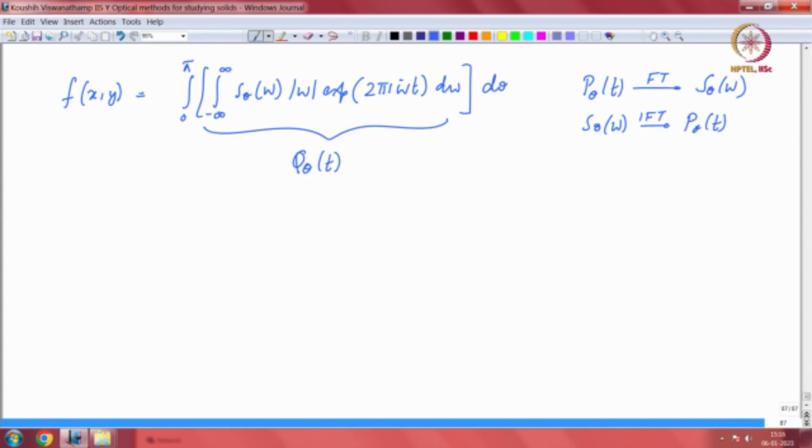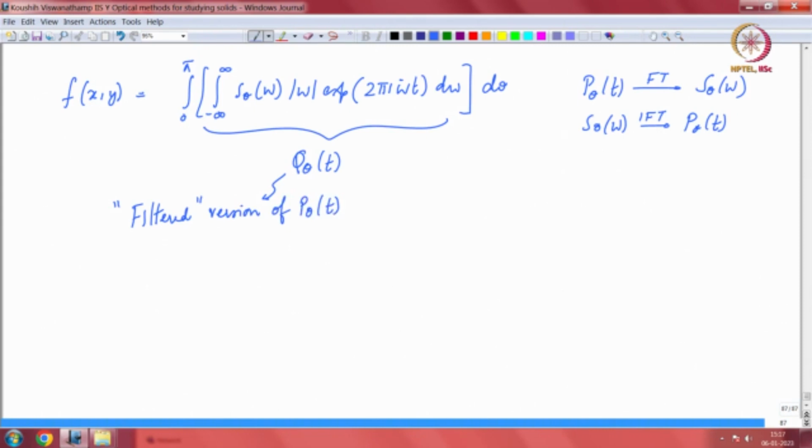So, if the magnitude w was not here, you would only have P theta of t, but now you have a different function which I am calling Q theta of t, and this Q theta of t is a filtered version of P theta of t.